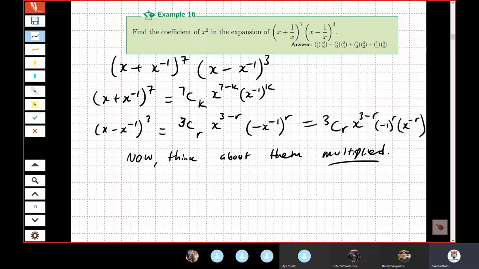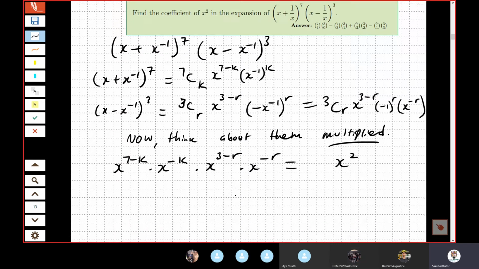All right, let's finish it off. So now we think about them multiplied like we did before. If they're multiplied, then x to the 7k minus k with x to the negative k with x to the 3 minus r with x to the negative r must equal x to the power of what? 2.